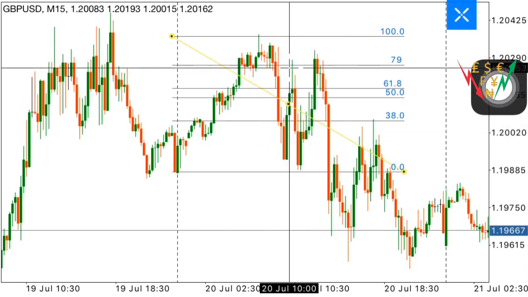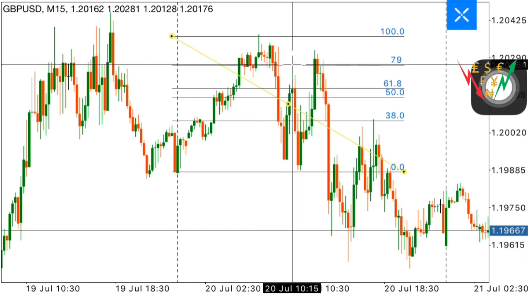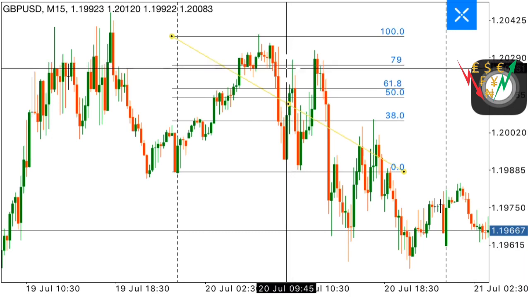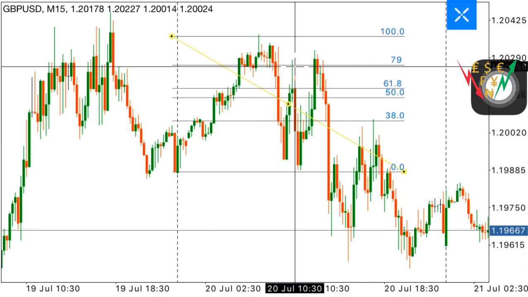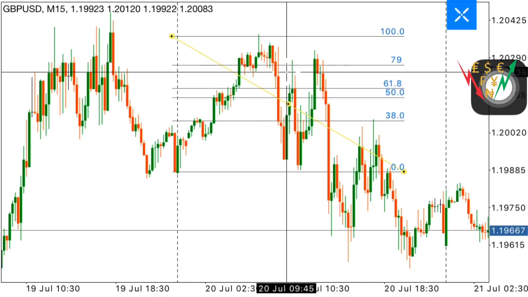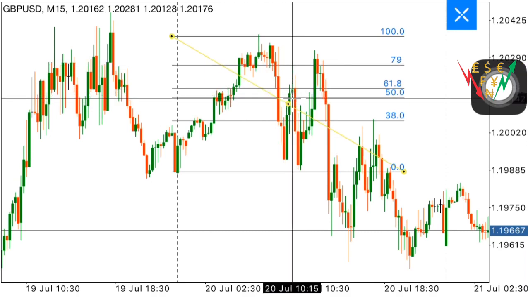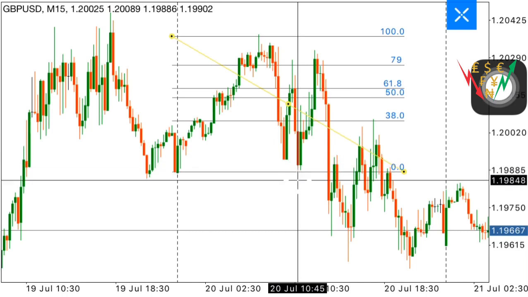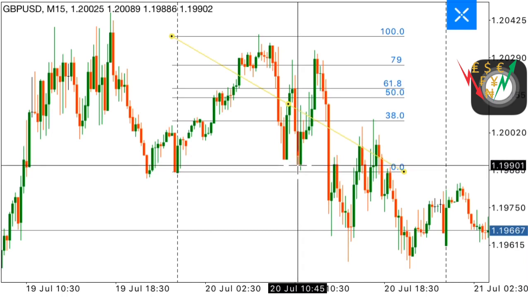You can see that the price got to 79 at 10 a.m. The Tokyo session is still open, so there's still price overlap and market volatility. Right here, this is an entry, and even when it closes, it comes here. This is also an entry, and it comes down. You see how price works.